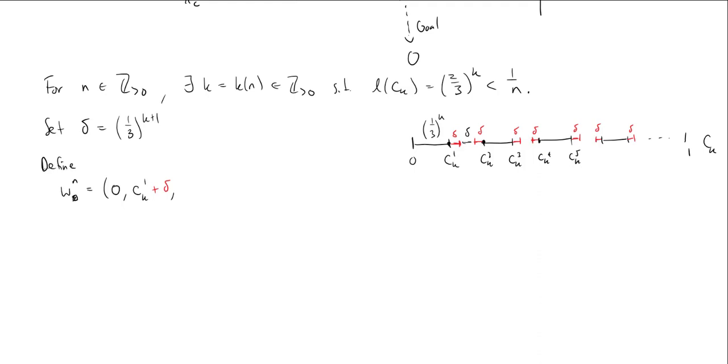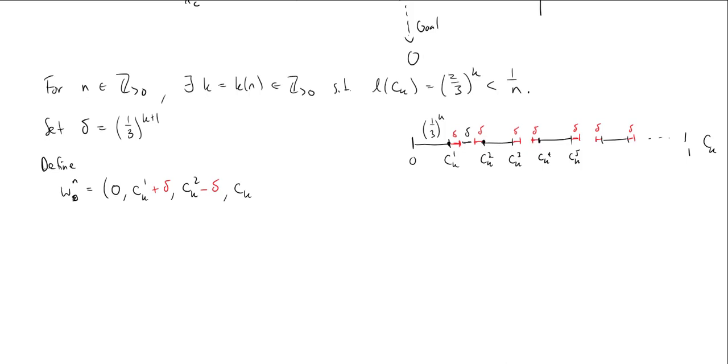Then I hop across, and the next point is not quite C_k2. You have to do C_k2, but go back by delta. So C_k2, but then we subtract delta. In fact, you can see it's going to alternate: on all of the odd indices, we're going to get a plus delta, and on all the even indices, we're going to get a minus delta.